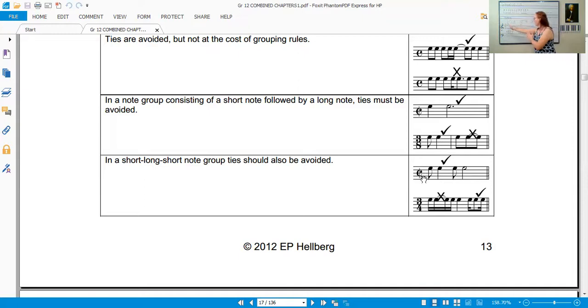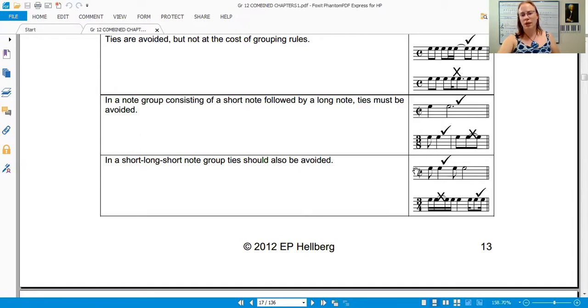So we have 1, and then the 2 and 3 within the beat, that subdivision is together, and then the fourth part of the beat is on its own. And you can also see there that I avoided ties.